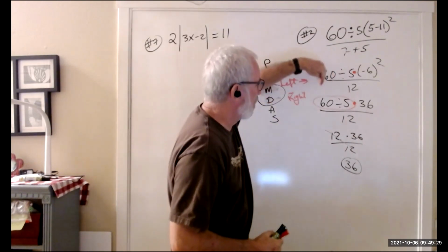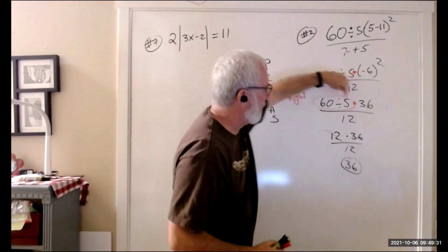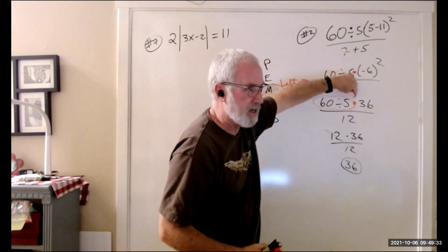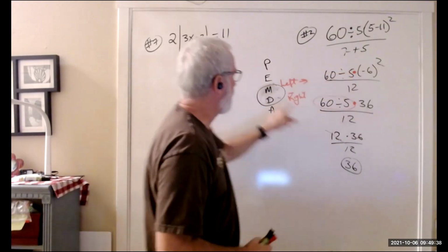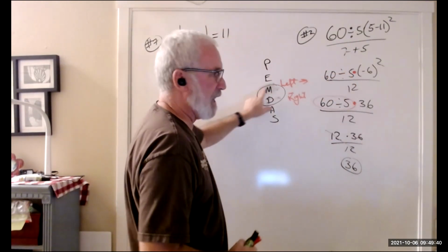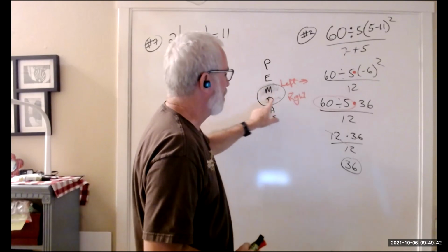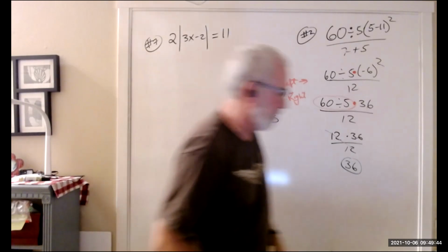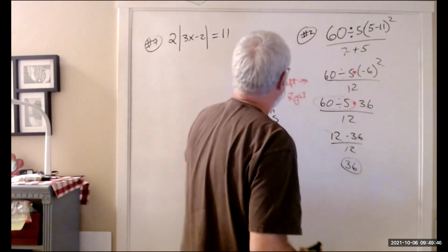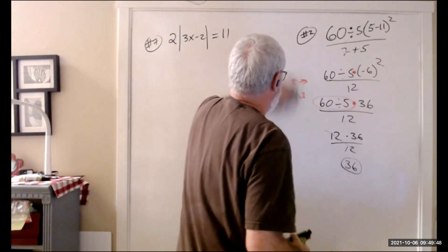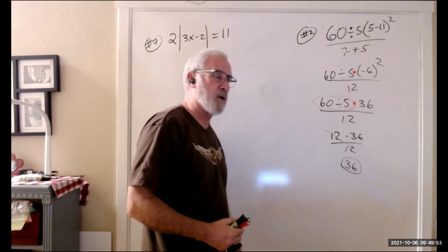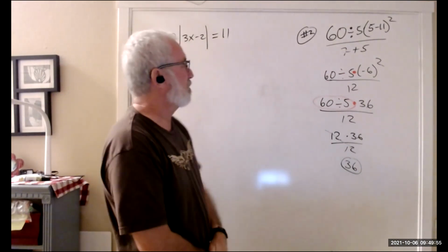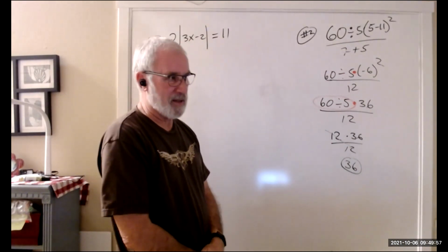But the key was, this was a combination of multiply and divide, and when it is a combination, you have to go from left to right. That was a key idea. I did it a couple times in chapter 1 when we were going over that. So that's the right answer for number 2. That's how I got that.